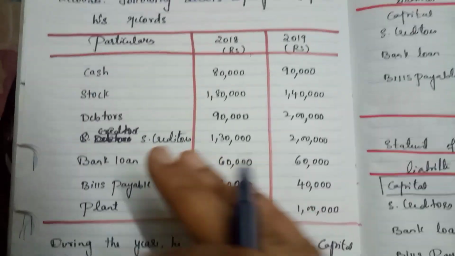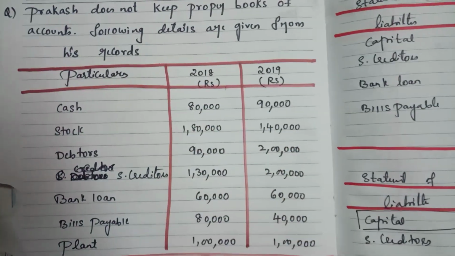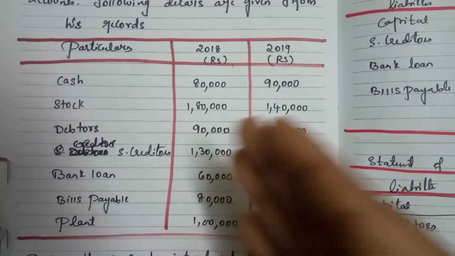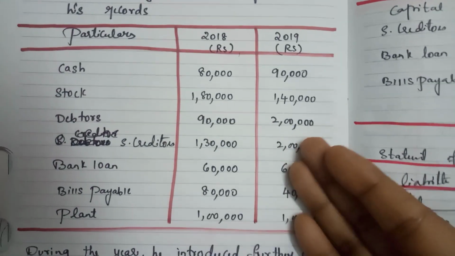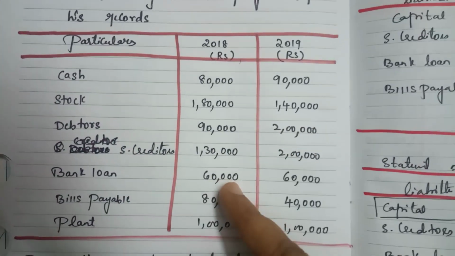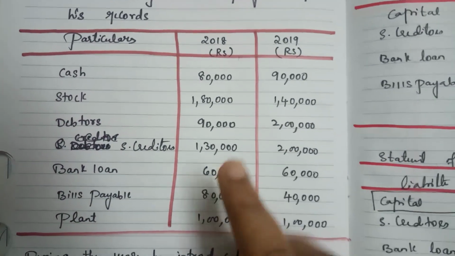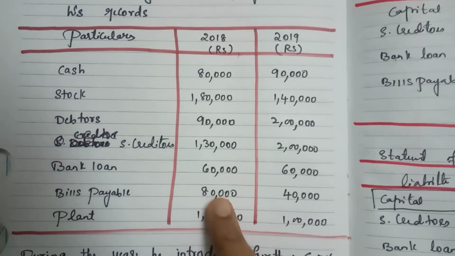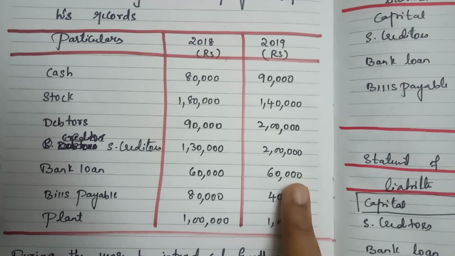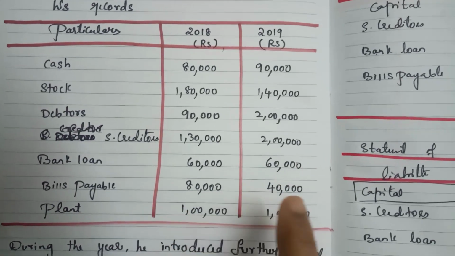So if they give you opening capital information, or if they don't give you the statement of loss, or if they don't give you opening capital as well as closing capital, they'll give the information. Based on that, we can do the balance in the statement of affairs. The balance we are getting is called capital. In the same way you are going to do for the closing also. So you'll get the opening capital as well as closing capital.